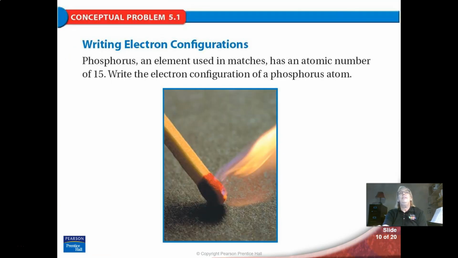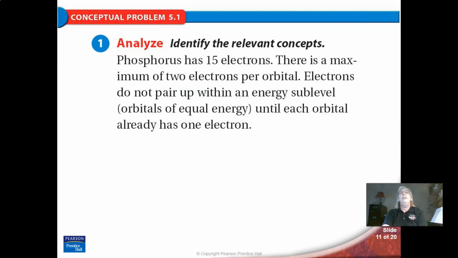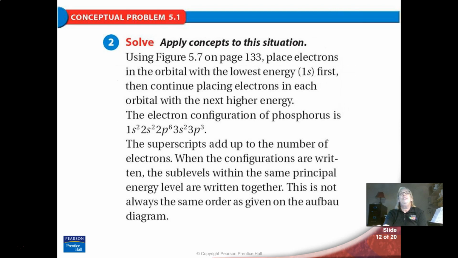Let's try phosphorus. It's number 15. We have 15 electrons, and we can only put 2 electrons per orbital. Let's see if we can fill it in. If you follow the chart of energy levels, 1s holds 2, 2s holds 2, that's 4, 2p can hold 6, that's 10.